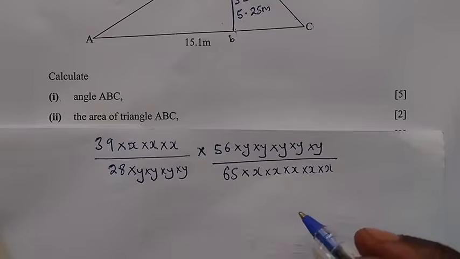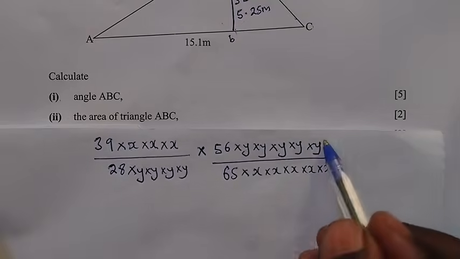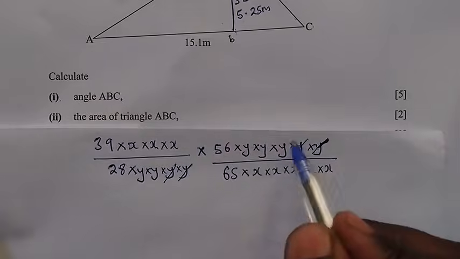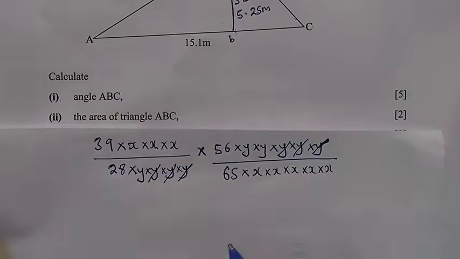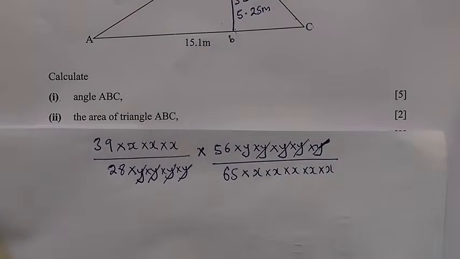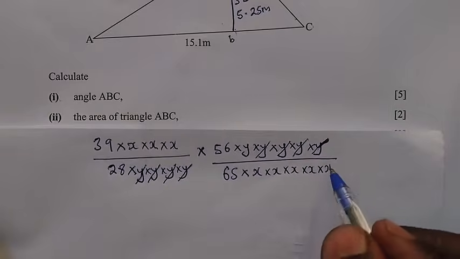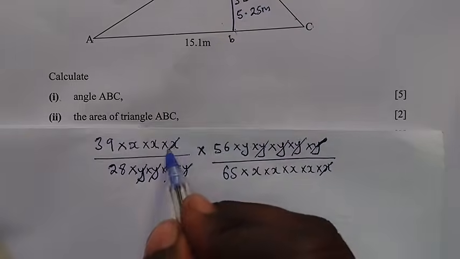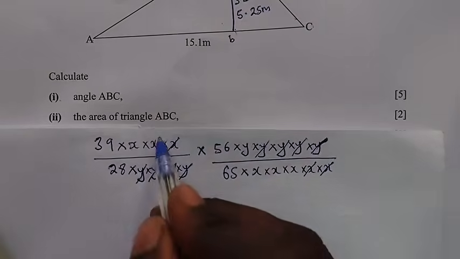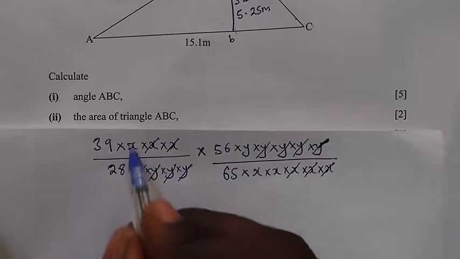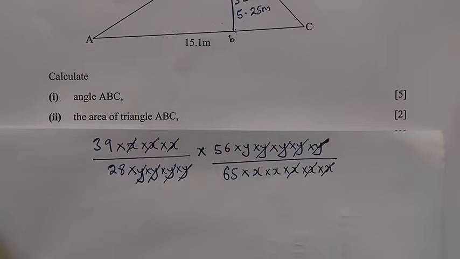Now after having this, you can start cancelling. This y and this y, this one and this one, again this y and this y. I hope this is clear for you. Even here you can cancel these x's, this x and this x. I hope you are seeing what I'm doing. This one and this one, you have cancelled.